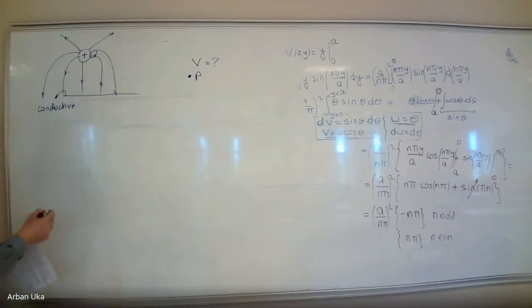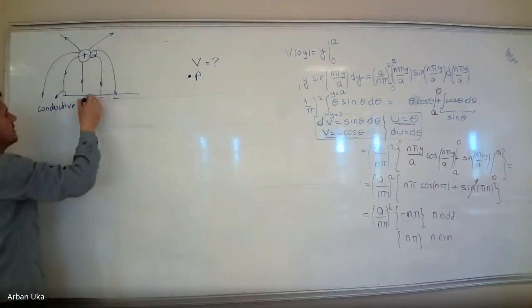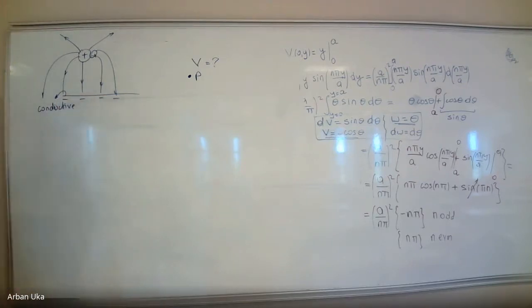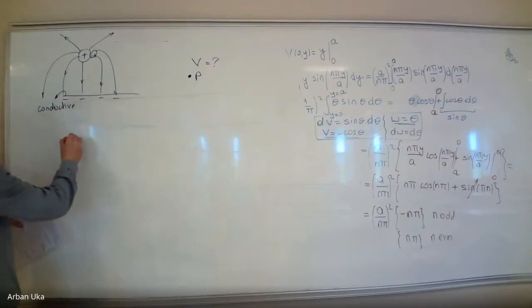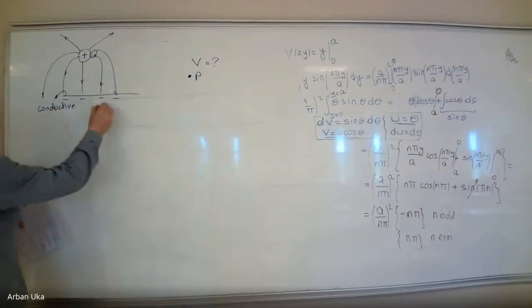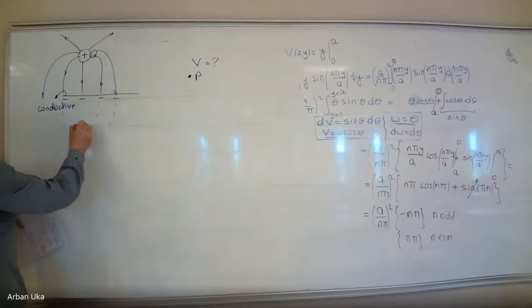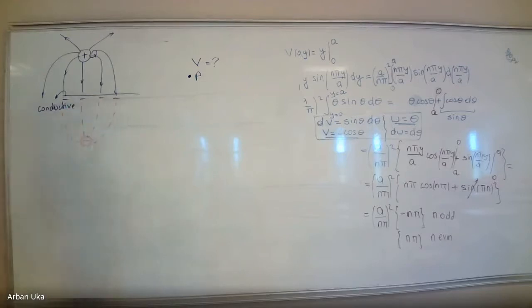And these field lines are going to attract negative charges at this layer. In the end, having this charge Q here is effectively the same as producing at the other side another charge with the same magnitude.